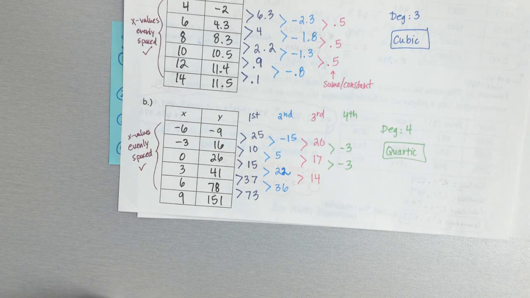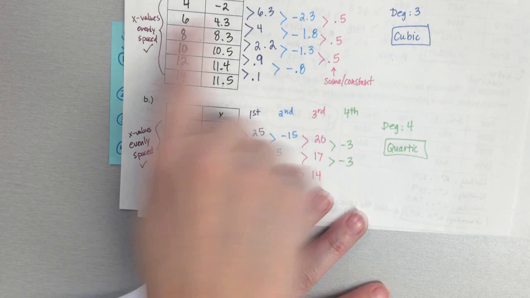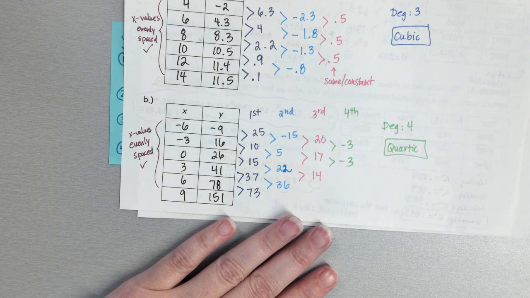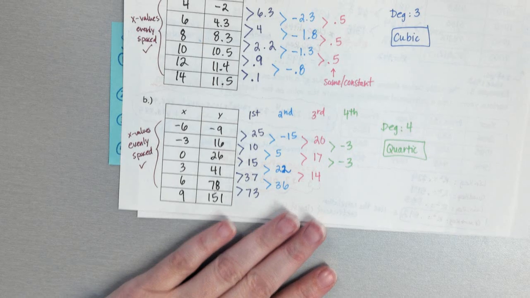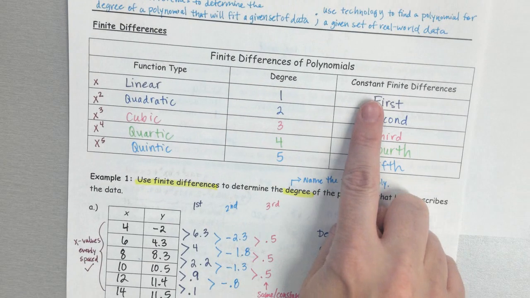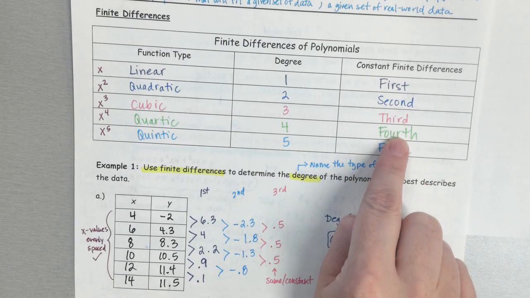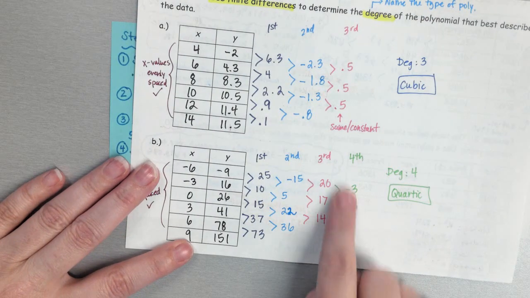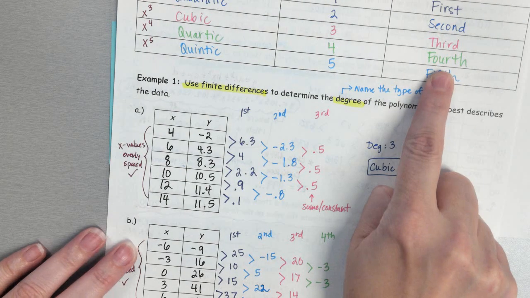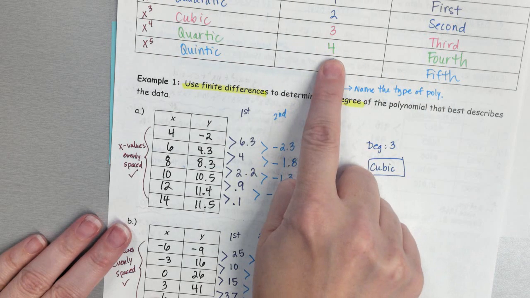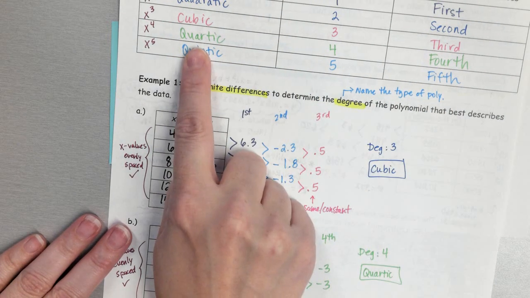Yes? So for the first one, you said it was a cubic polynomial. How do we know if it's a polynomial? Oh, they all represent the degrees of the polynomial. Whatever the constant differences are, that's going to tell you the type of the polynomial. So in this case, it was the fourth that was constant. If it's the fourth that's constant, the degree is 4, and then that will be a quartic.